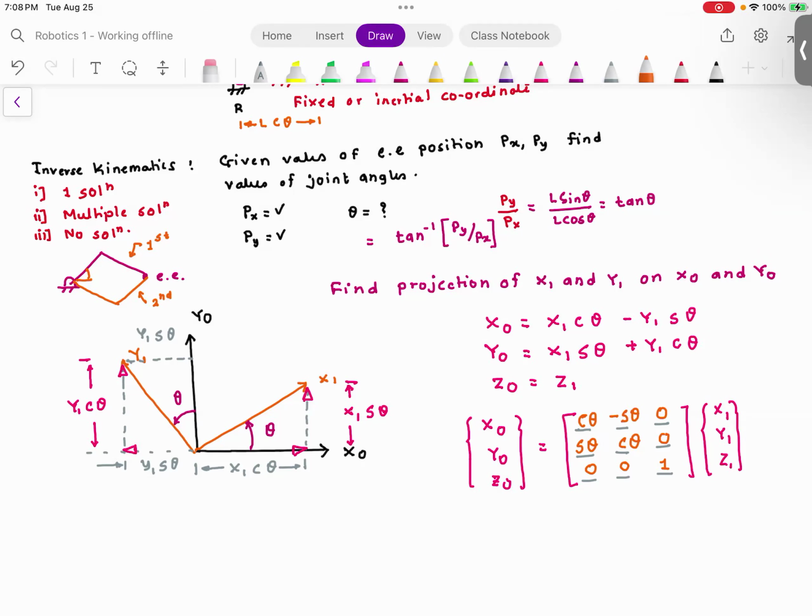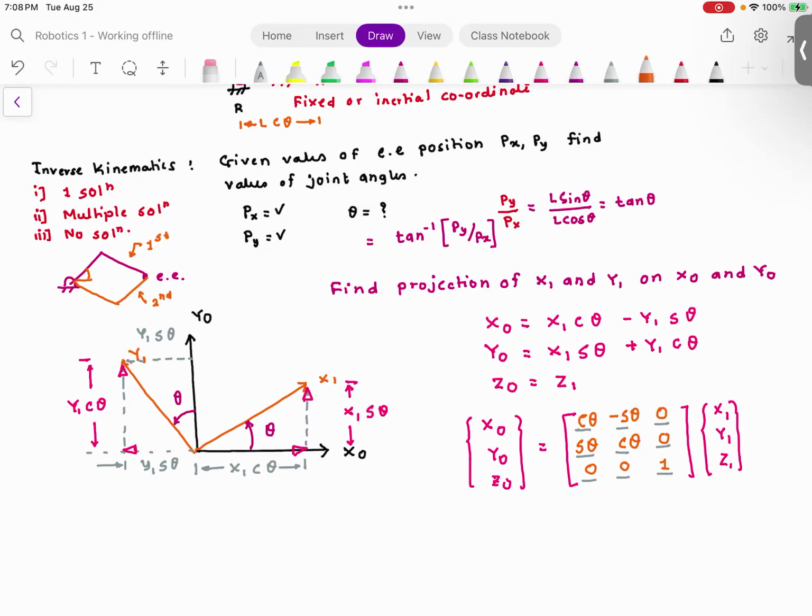Now, I want you to understand why this is important. Because your initial frame is x0, y0, and z0. Your next frame is x1, y1, z1. So you are finding the projection of the new frame onto the old frame.